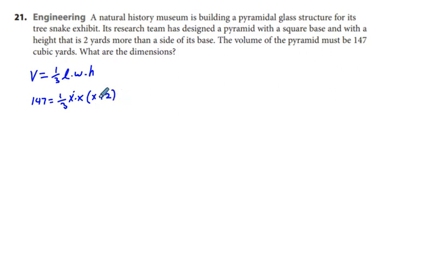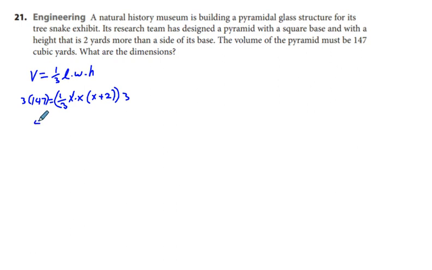So what we're going to have here is we can work this out. We can multiply by 3 to get rid of this 1/3. So multiply both sides by 3. It's 147 times 3.